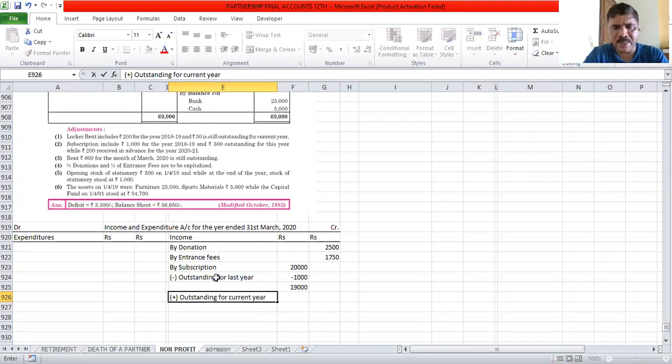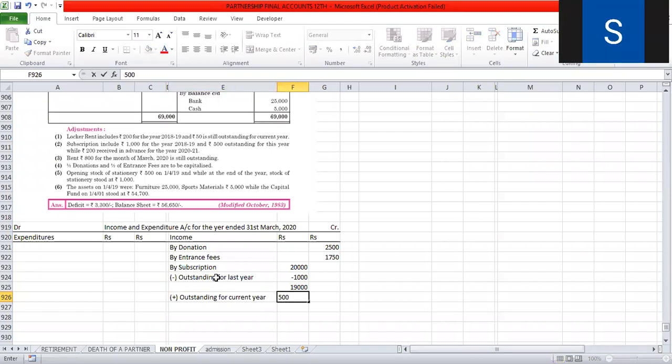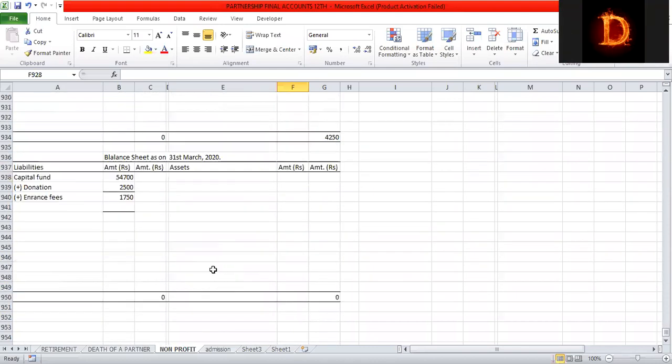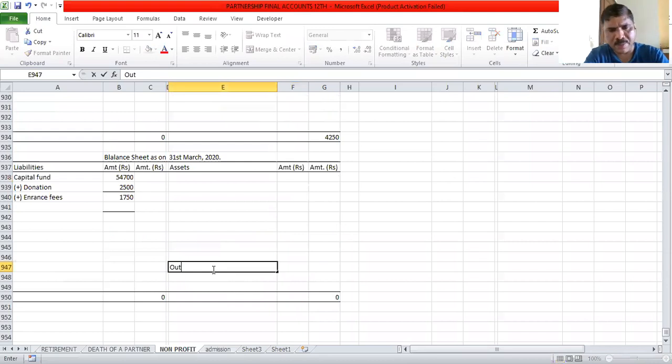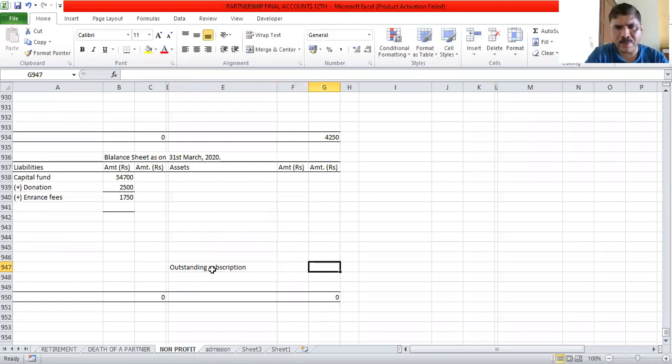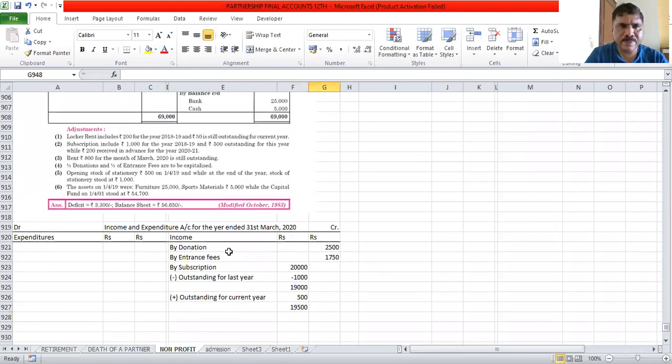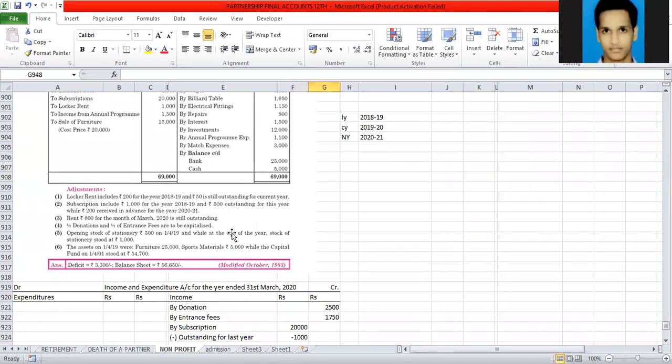How much is that? 500. Total comes to 19,500. What will be the second effect? Asset side, outstanding subscription, that is 500 rupees. Hope everyone follows me. Understanding everyone? Yes, sir.